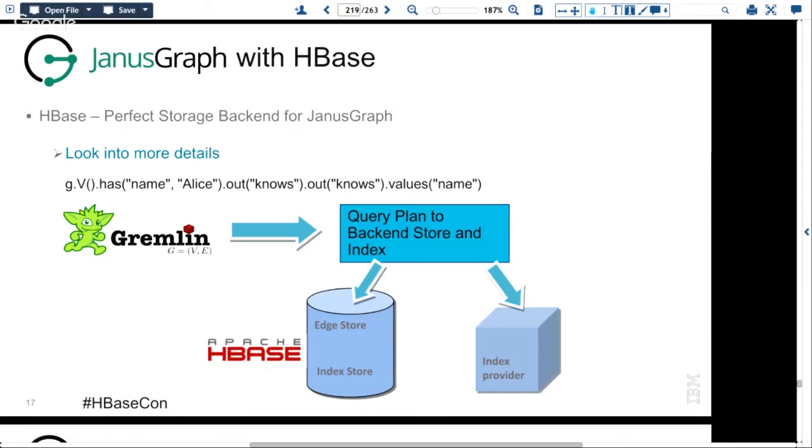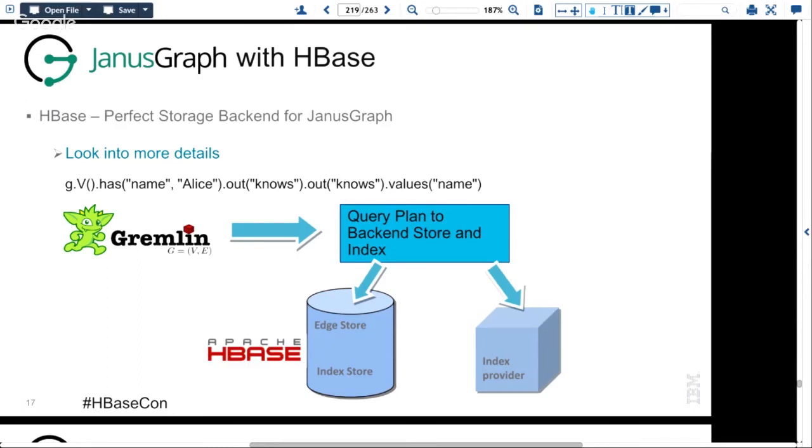So this is a very clear picture. You have a Gremlin traversal. You're trying to find who Alex knows and the names. Basically, the traversal language is going to be optimized, translated into a query plan that goes to the backend, goes to HBase, and it goes to the index provider, for example, Solr.